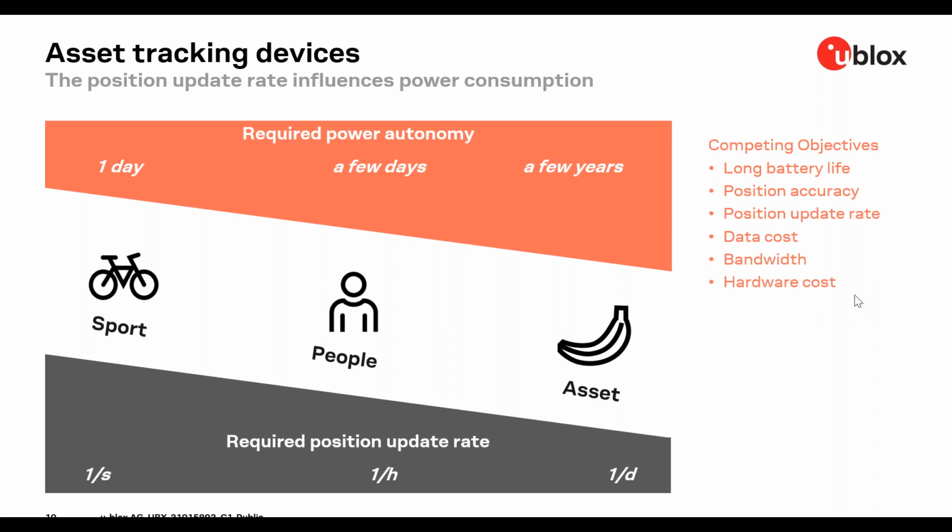As you move into different tracking areas, like the one in the middle, for example, people, you need different update rates, maybe once an hour, and battery should last a few days or a little bit more. Finally, as you move on the right, you will figure out that for asset tracking, it's not necessary to have such frequent updates, but you expect to have a very long battery life, to a few years or more. Next slide, please.